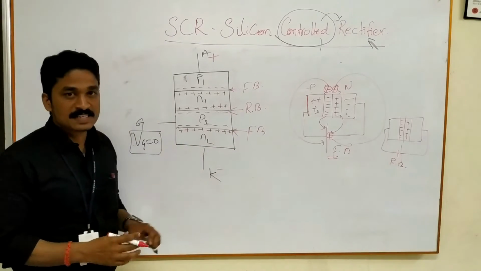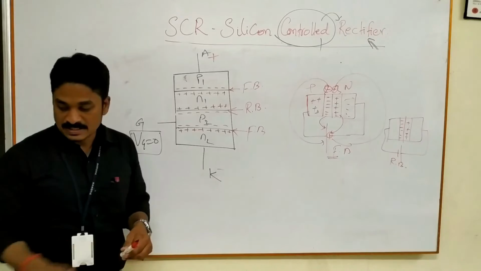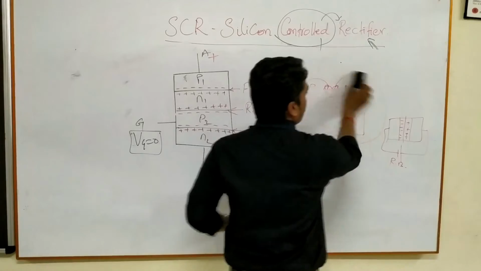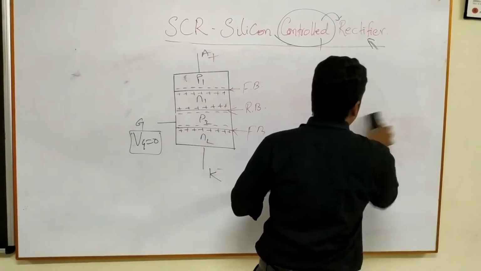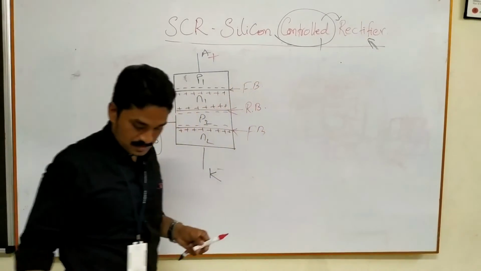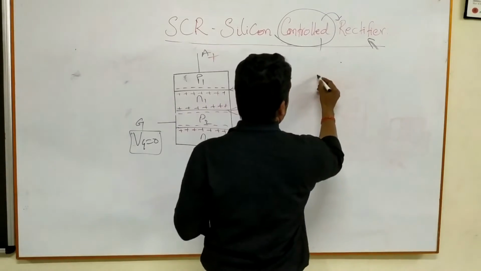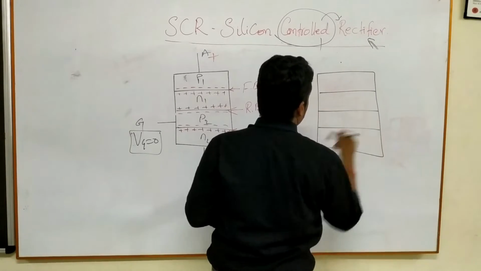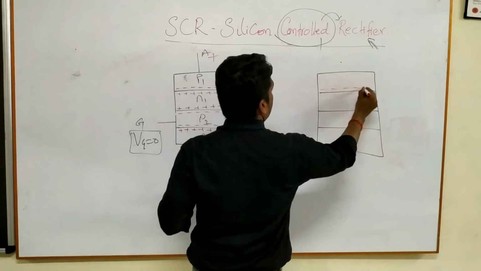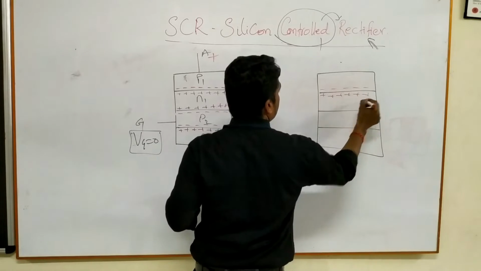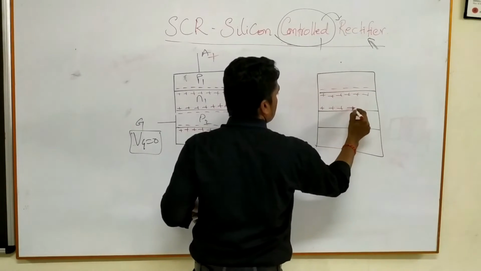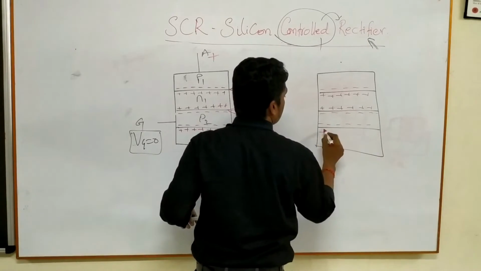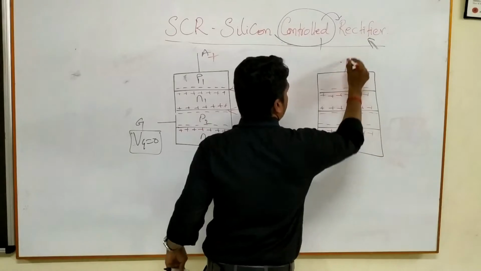This is one case. And if we apply the opposite polarity, you just remember this will be helpful in finding the junction biasing. So second one, if you apply just opposite to this one, again this is plus plus minus minus minus, again here minus, and this end is plus.